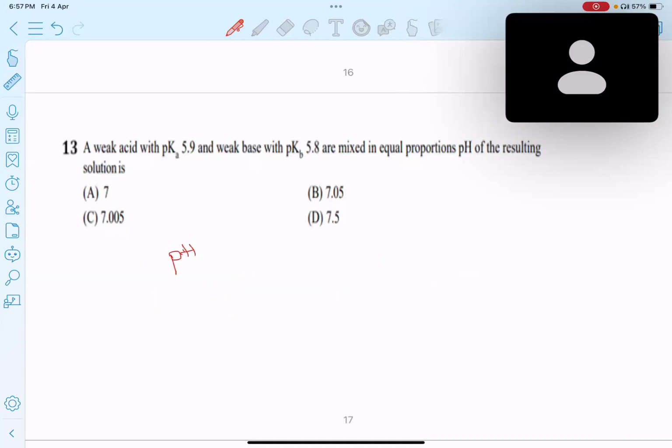The pH of the resulting mixture is calculated by using the formula pH is equal to 7 plus half into pKa minus pKb. Here the pKa value is given, the pKb value is given. So calculate pH: 7 plus half into the pKa value, 5.9, minus the pKb value, 5.8.